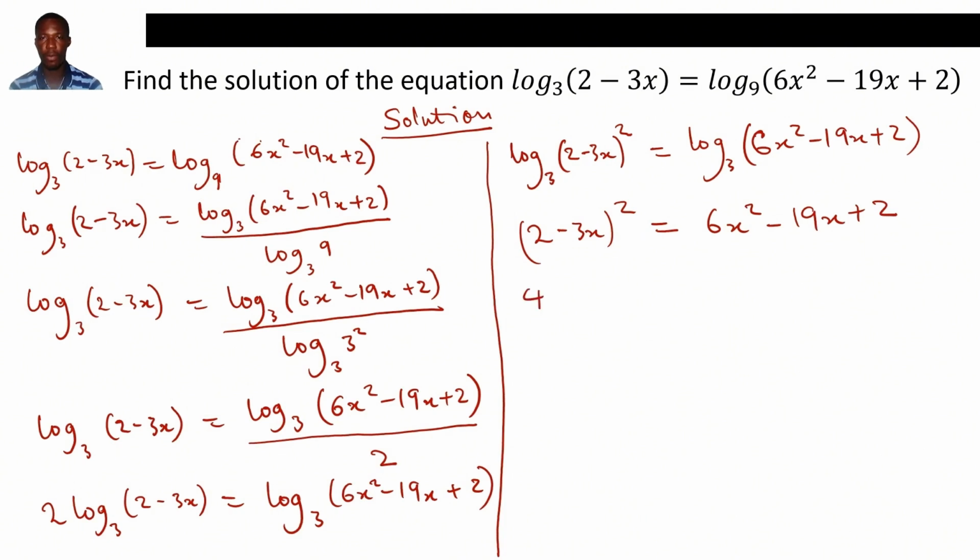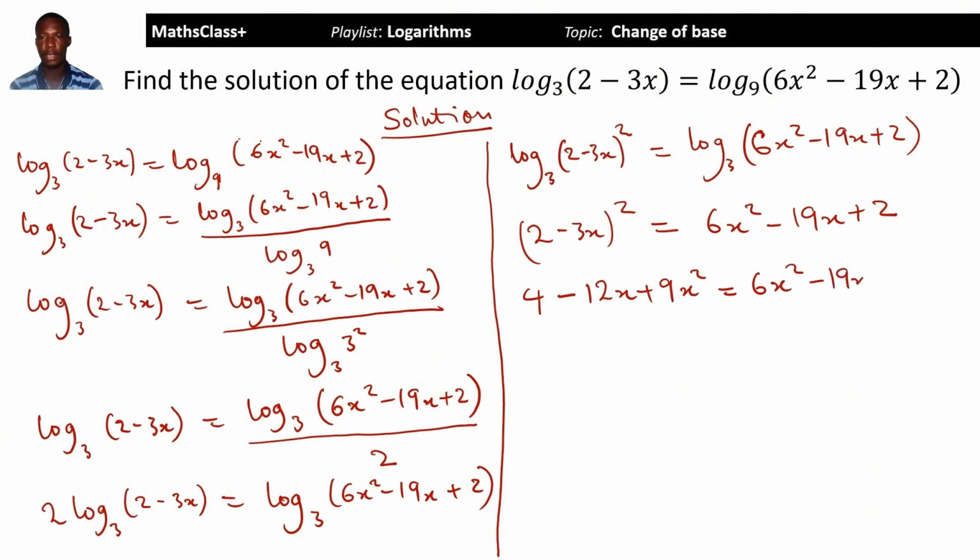So I will expand this bracket. 2 squared is 4. 2 times negative 3x is negative 6x. Then times 2, which gives me negative 12x plus 9x squared. This is equal to 6x squared minus 19x plus 2. So I will group like terms and then simplify.